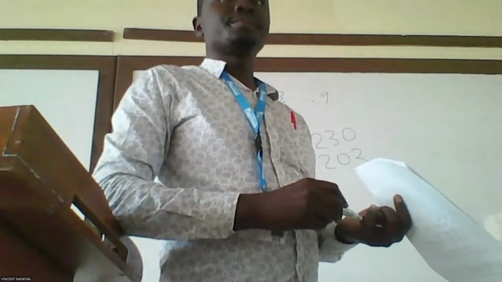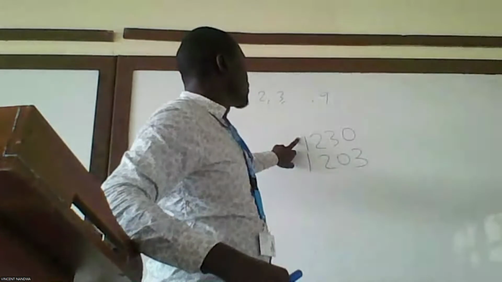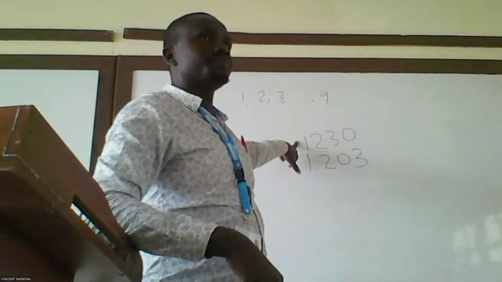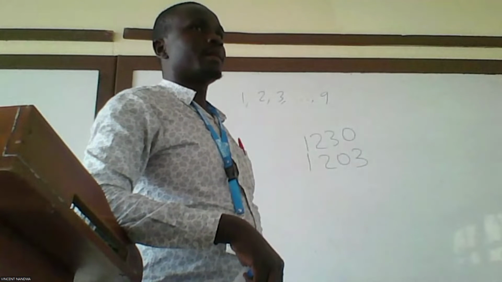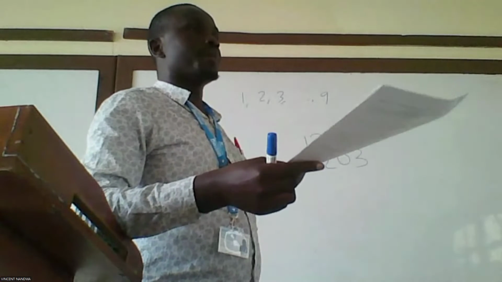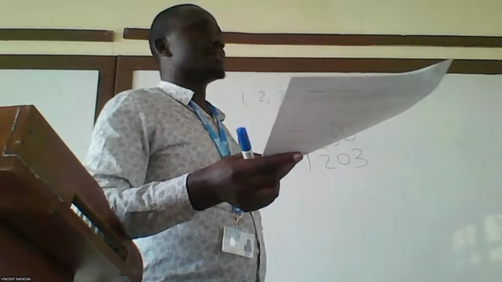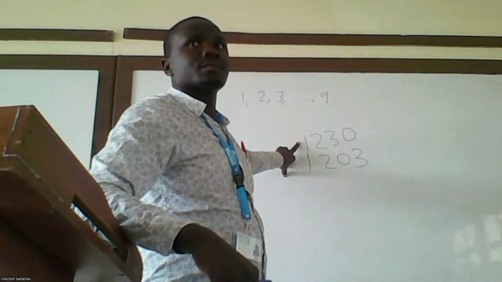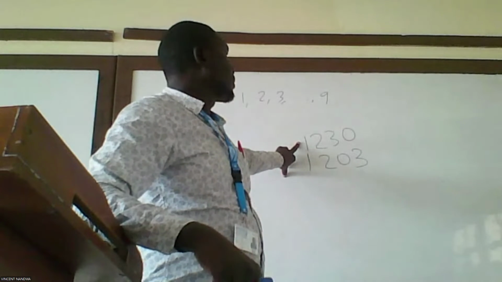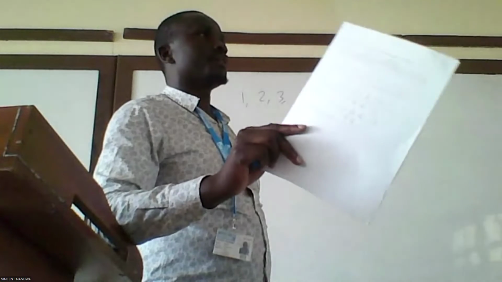Yes or no? Can you round off this number to the nearest two significant figures? If the instruction in a problem is to round off your answer to the nearest two significant figures, what would be the answer for this? I remember the rules of rounding off are that you don't change the value of the number.